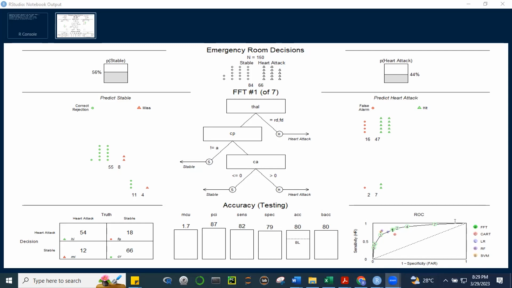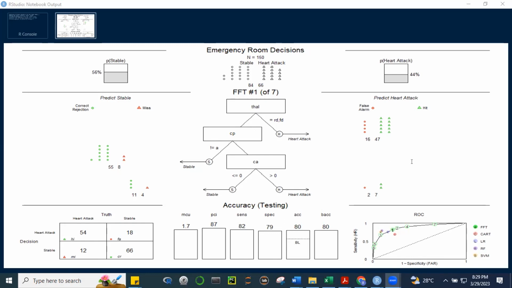Okay. So ano ibig sabihin ng number 1? Number 2, so nakarank siya, no? Nakarank. So in terms of the ROC, okay, the FFT outperformed the others. Despite the fact na ilang variables ang tinignan niya. Ang tinignan lang niya si TAL, CP at saka CCA, di ba?